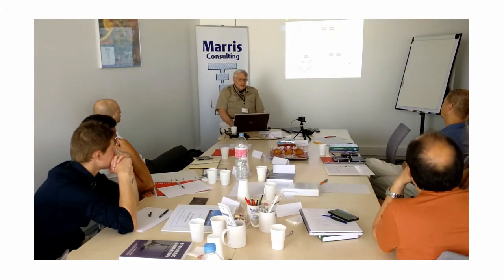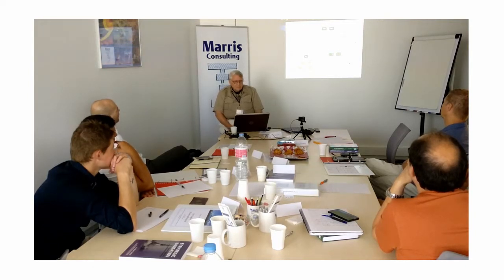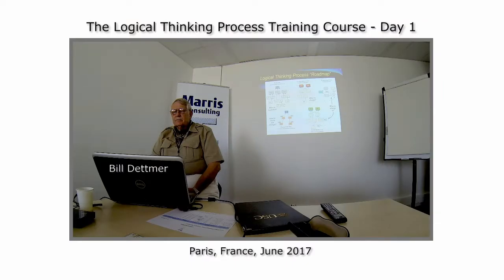Now, the thinking process roadmap looks something like this. It starts with a goal tree, which we use to determine what is expected of our systems. What should be the benchmark of performance that tells us that we're succeeding if we accomplish it?